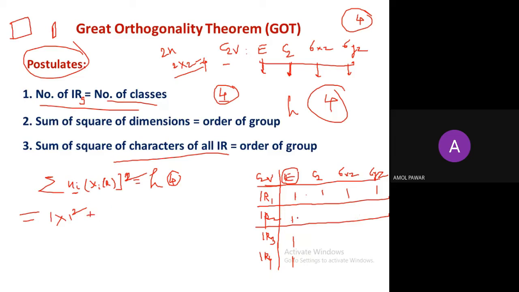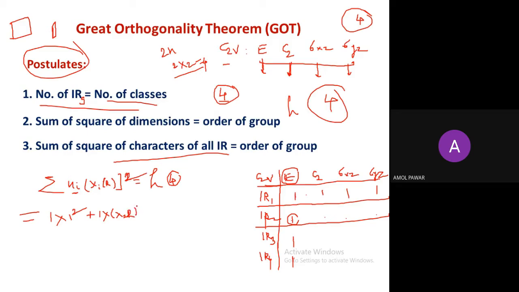Now we have the value of this one, but we do not have the values of this character and this character. That we have to determine using sum of square of characters of all irreducible representation. Then plus, next class is C2, and the n value of C2 is again 1, correct? Into character 2 square, because we do not know now the value of character 2.